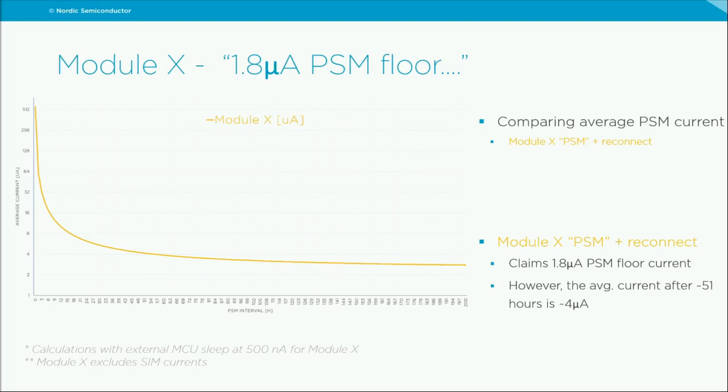This is a module that has 1.8 microamps as a PSM floor current in its spec sheet. In this graph, we are going to compare the nRF9160 PSM floor current with this module X. This graph compares the average current generated from a system wake up to data transmission of the module X PSM, and we're also going to showcase the nRF9160 PSM.